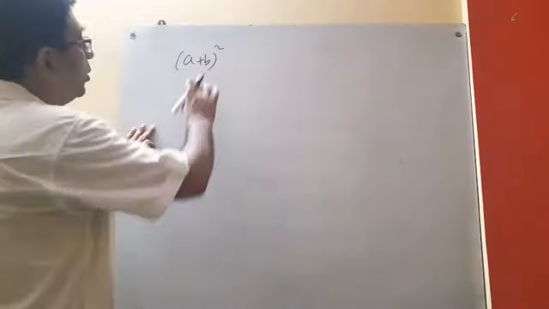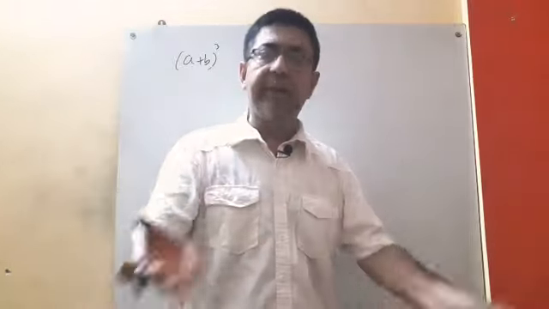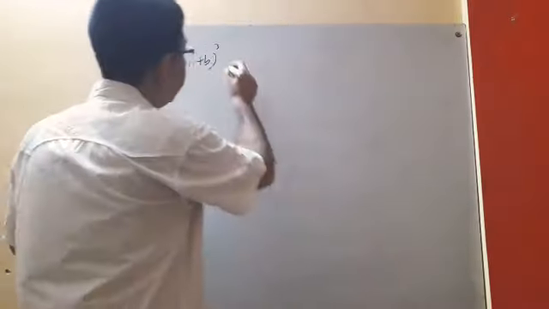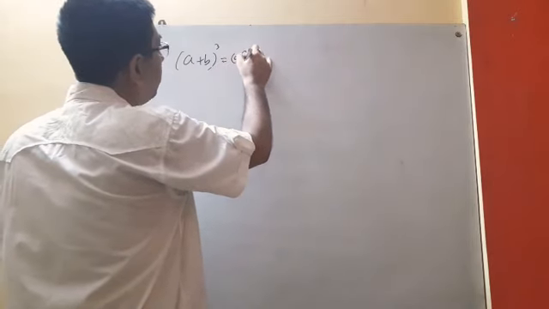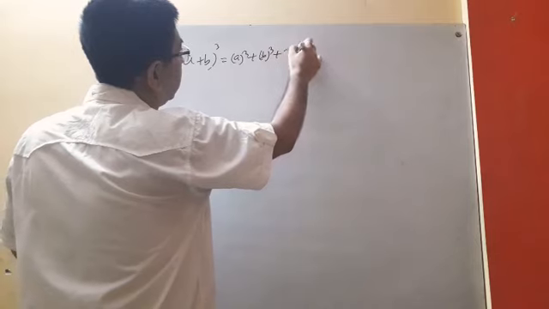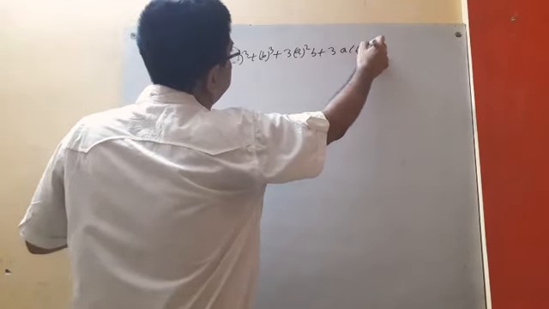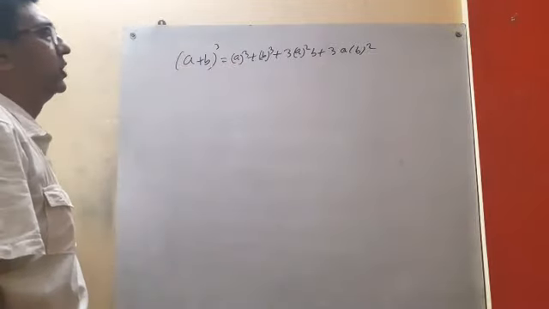So a plus b whole cube means a plus b into a plus b into a plus b, 3 times multiplied, and it will come a cube plus b cube plus 3a square b plus 3ab square. It will come this way.